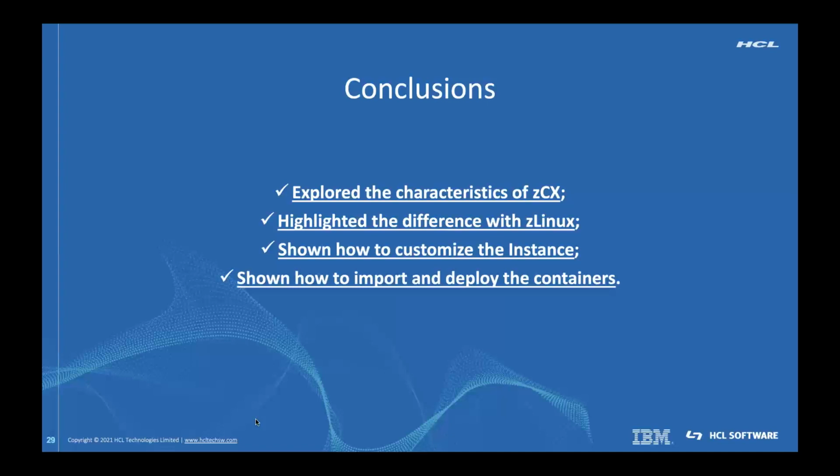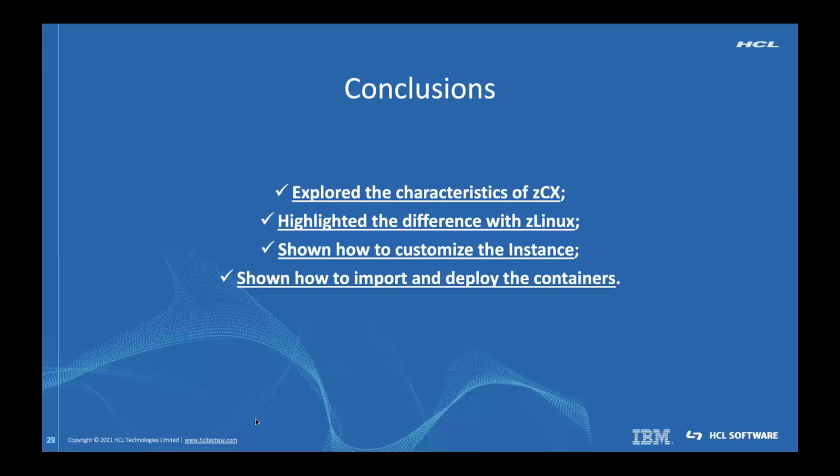So what we have seen in this presentation are the characteristics of the zCX system, this new feature that IBM has provided on the mainframe to allow running containerized applications for the zLinux environment on zOS. We have also discussed the differences that exist between a zCX instance and a pure zLinux environment.